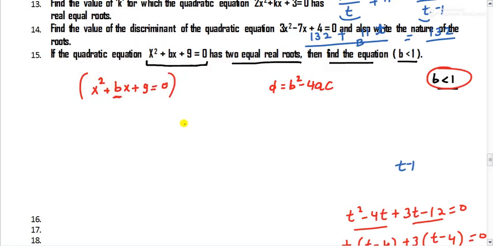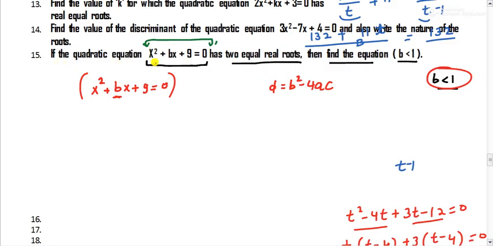Yes, anyone? Formula to find equation from the roots. No, not that. See, read the question properly.